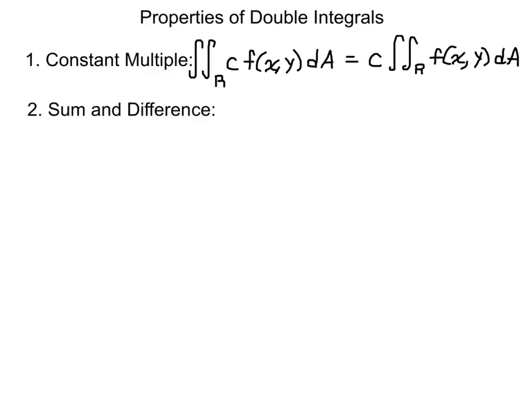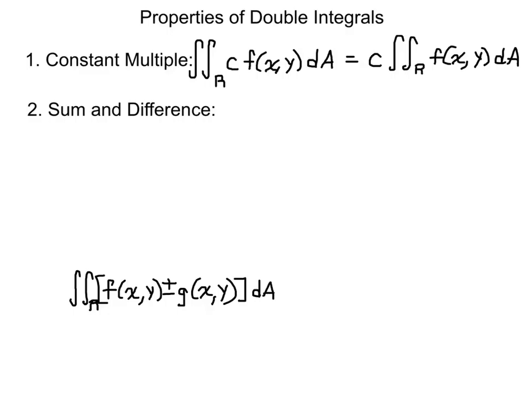Our next rule is the sum and difference rule, and that is if we have a double integral over a region of the sum or difference of two functions, so we have f of x, y, and then we have g of x, y, and we add or subtract them and integrate over that region, that's actually equal to the sum or difference of the individual integrals.